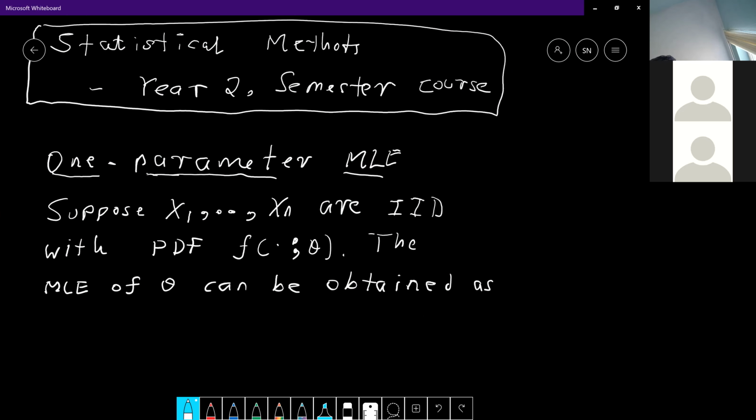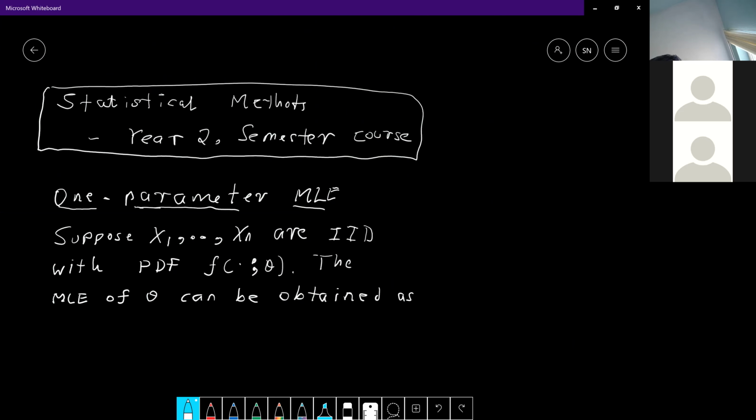I think you probably remember this from what we did. The first step is to write down the likelihood function, which is the product of the density function over the n data points.